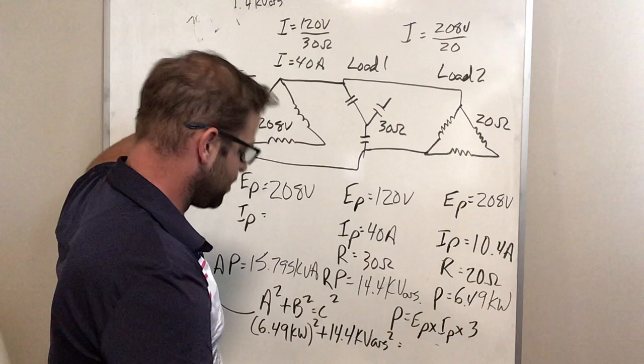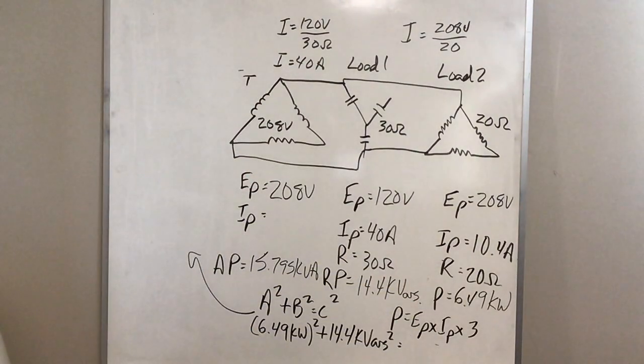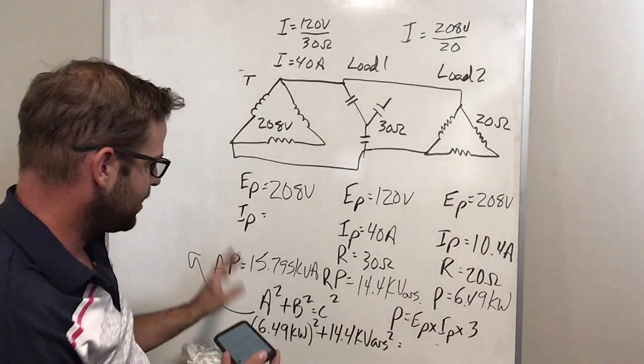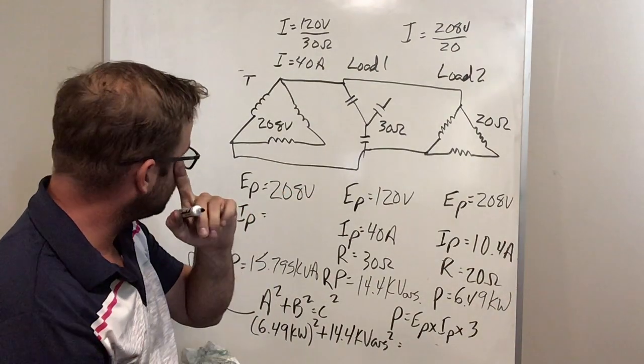When it comes to the current, I can plug it in and divide it out, but let's just do the current on these. So we need to use line currents here.